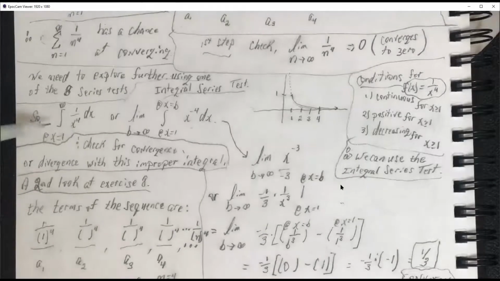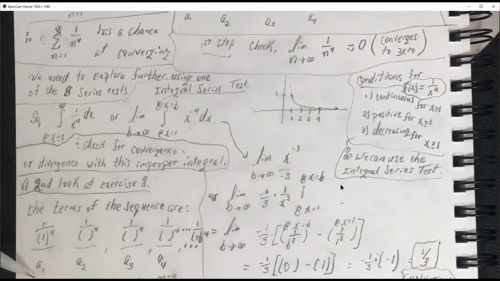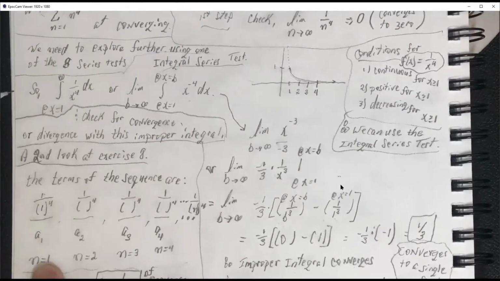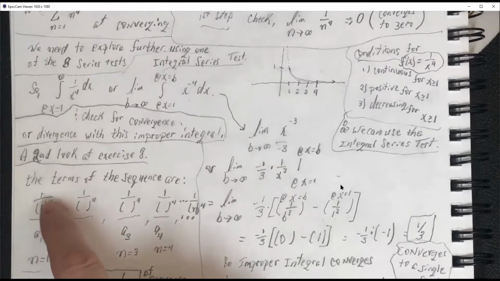So this first term is 1/n to the 4th, but n is what to start out? Where do they want us to start out at? N equals what? 1. So this is n equals 1, or the first term, and it's 1/1 to the 4th. So instead of n, we put a 1.